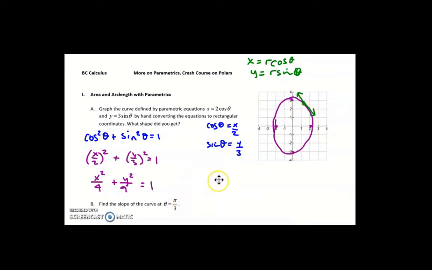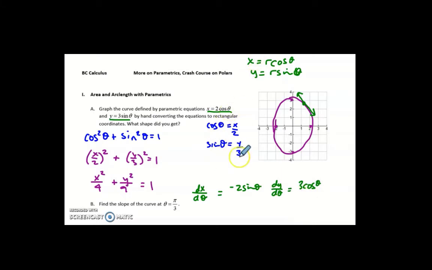Well, just like we do with parametrics, we take our parametric equations and we find dx d theta and dy d theta. No longer is our independent variable t, it is now theta. So dx d theta is going to be negative 2 sine theta, because cosine differentiates to negative sine. And then dy d theta is going to be 3 cosine theta because sine differentiates to cosine.